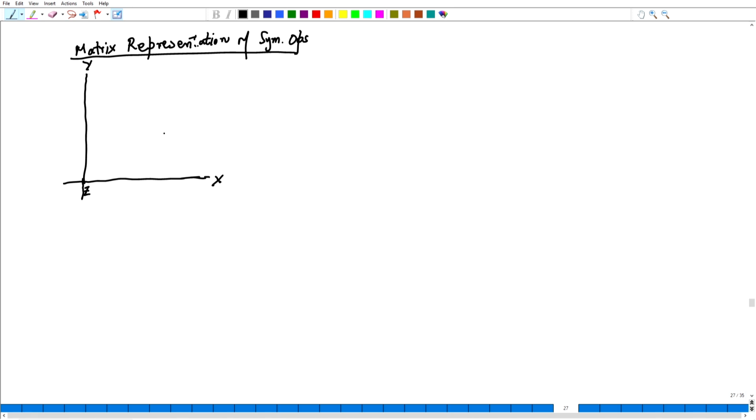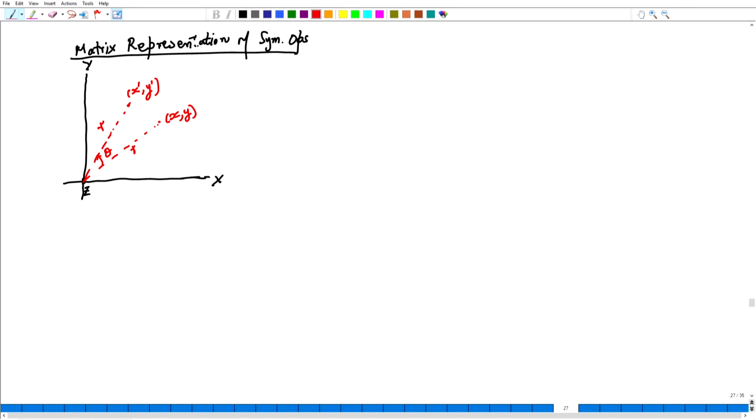Take a point xy, and I am not writing the z coordinate because we are just working in the xy plane, and after some rotation of, let us say, theta, this point xy rotates to a new position x prime y prime, and let us say the distance of these 2 points from the origin is r, and we have rotated through an angle of theta in the counterclockwise direction.